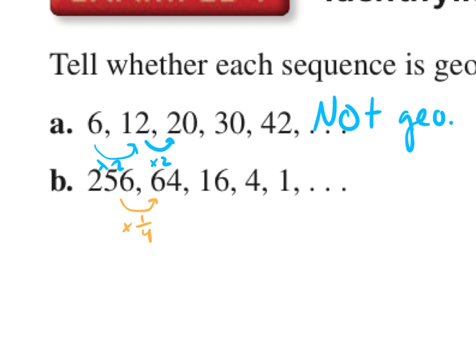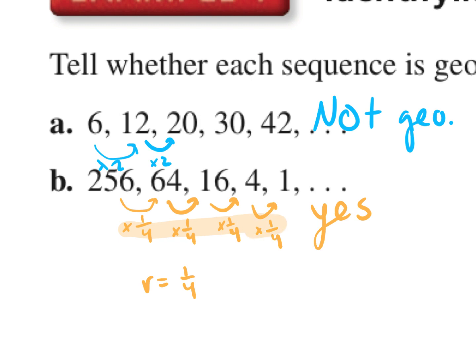So if it looks like you're dividing, just whatever you're dividing by, put 1 over that number, and that'll give you the ratio. So we're multiplying by 1/4 to get from one term to the next one. So what would our common ratio be? 1/4. So is this geometric? Yes, because we have a common ratio, because all of these numbers are the same.